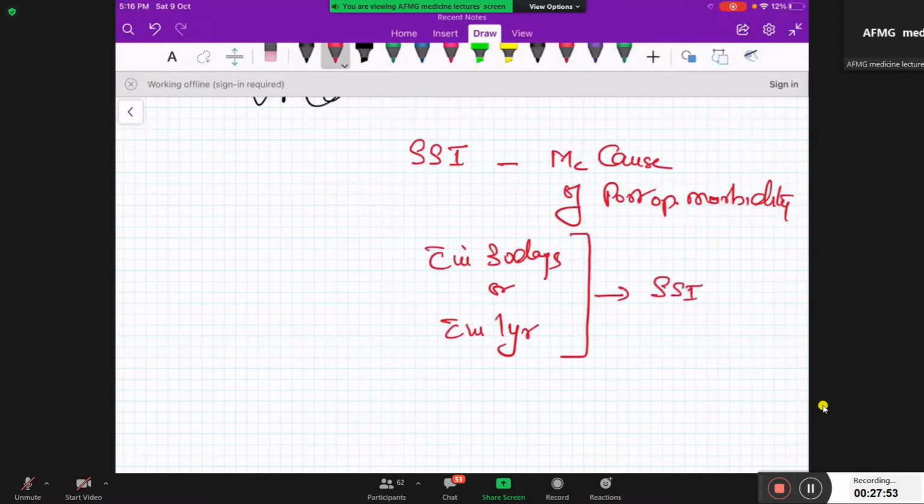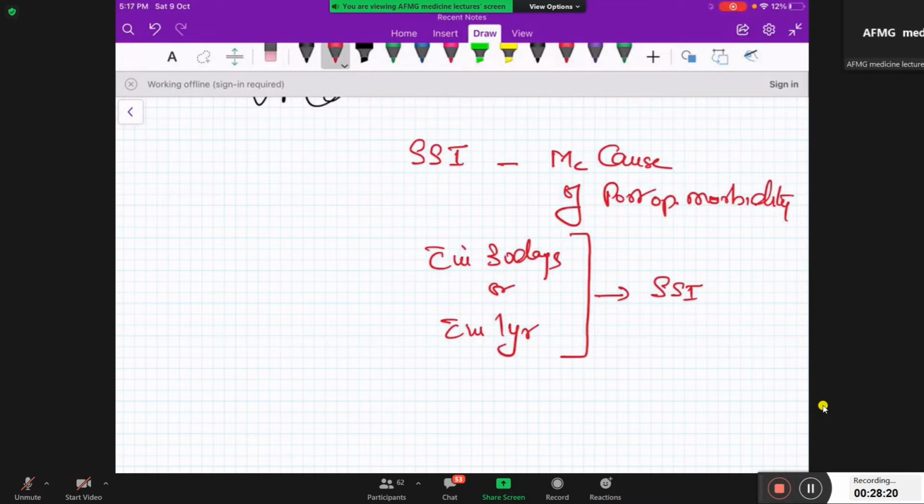If any surgical wound has an implant inside, like hip replacement surgery you have done, and after 3 months this wound gets infected, it will still be called a surgical site infection. Once the implant is there in any wound, the definition of surgical site infection is still 1 year.